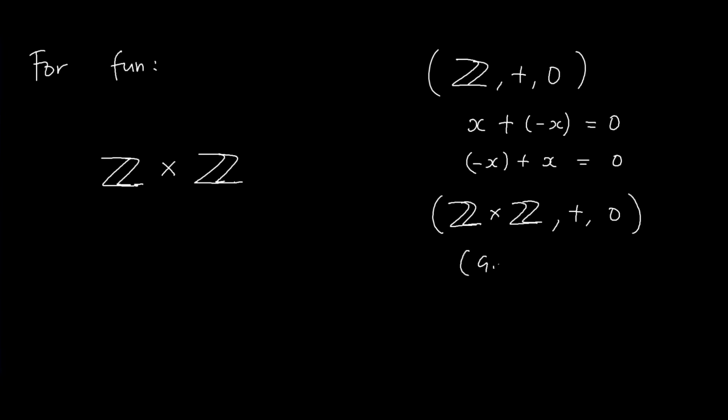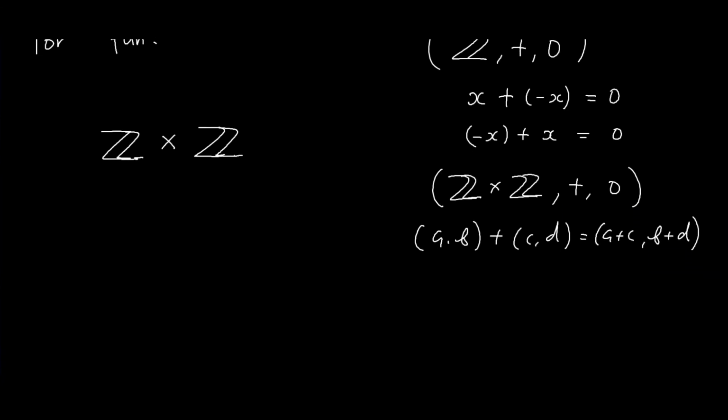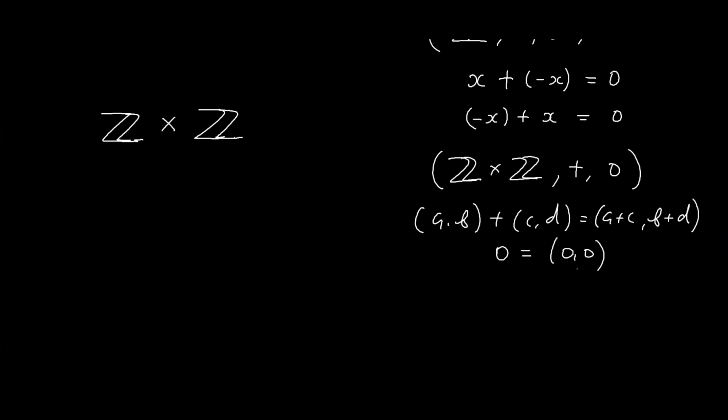Well, the pair (a, b) plus the pair (c, d) equals (a plus c, b plus d). And the 0 element of this monoid is the element with each coordinate being 0. And we also have minuses there because we could take (a, b) plus (minus a, minus b).